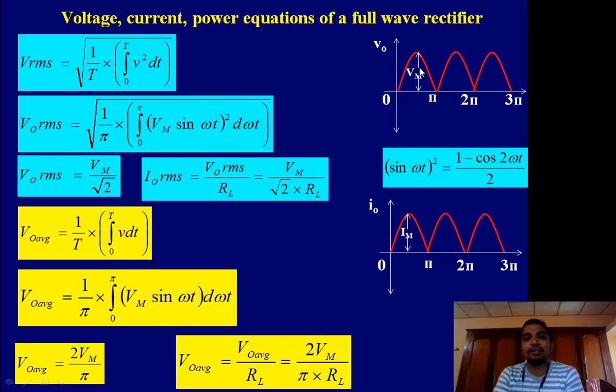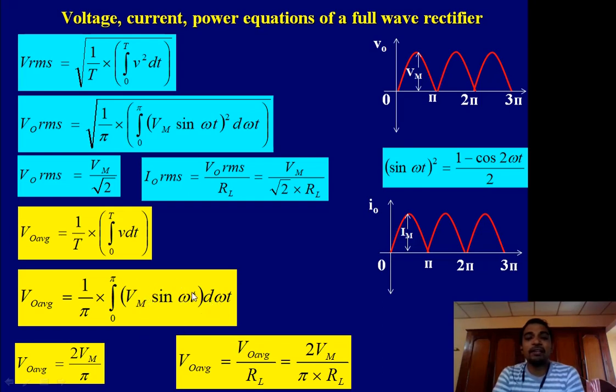By using the integration formula, I can add it as an analytical function. So 0 to pi, v dt, is V maximum sine omega t d omega t. This is the summing part.